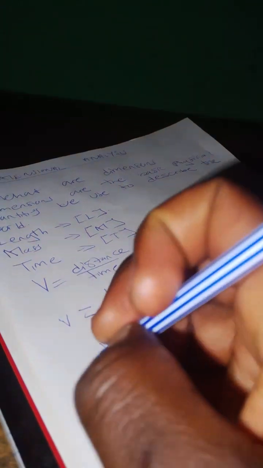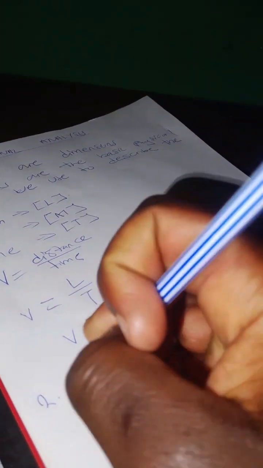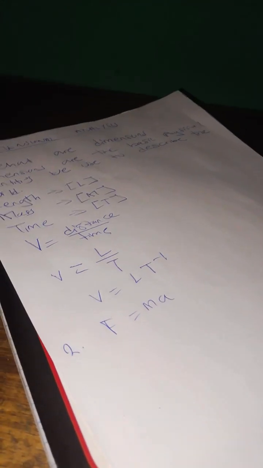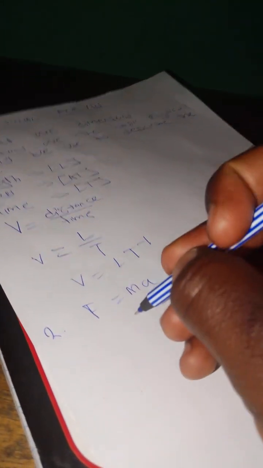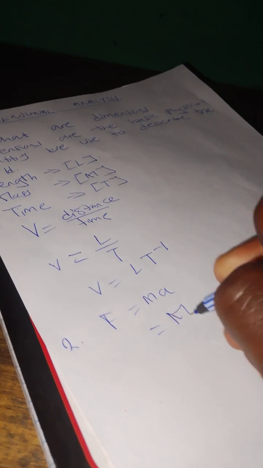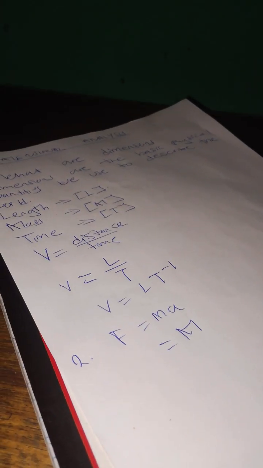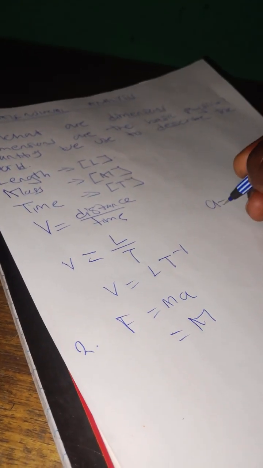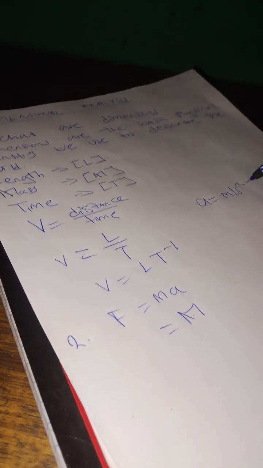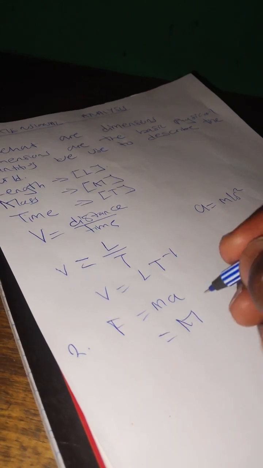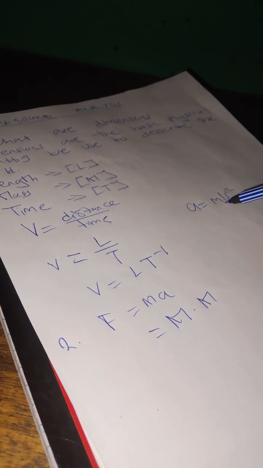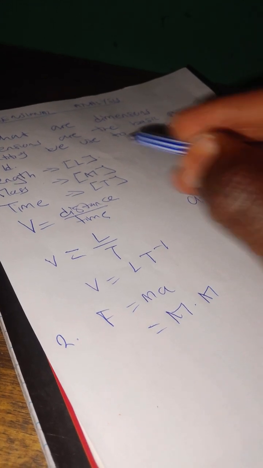The second formula I'm going to give is force is equal to mass times acceleration. What's the dimension for mass? You put M there. Then what's the dimension for acceleration? You know the formula for acceleration: meter per second squared. Meter is length, so L goes there.